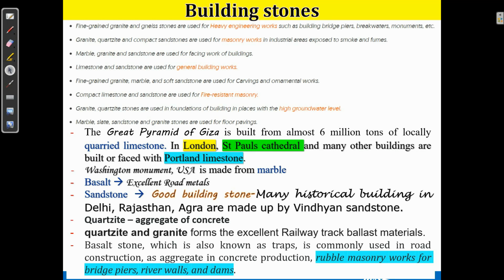You might know the Sphinx in Egypt. That structure is made up of limestone. St. Paul's Cathedral is a famous tourist place to visit, and many other buildings are made up of limestone. Depending on the places, limestone could be different.